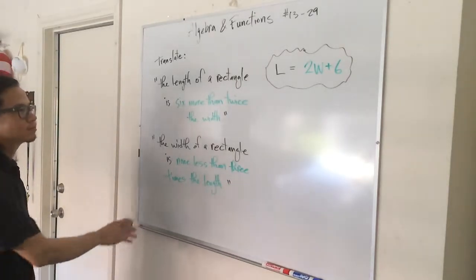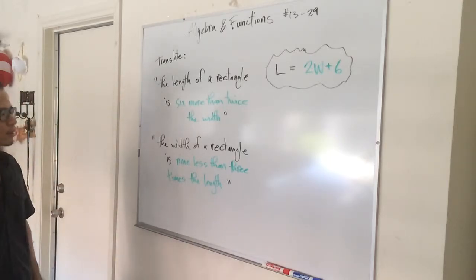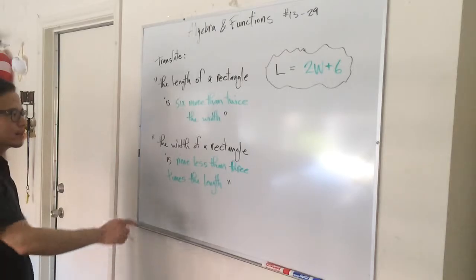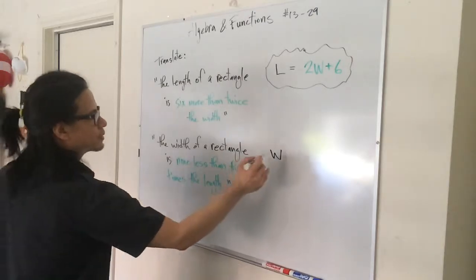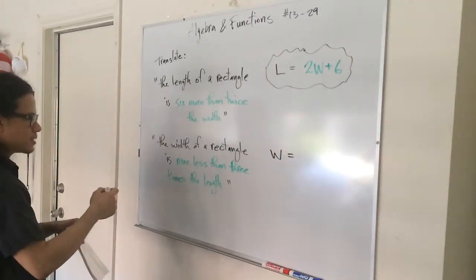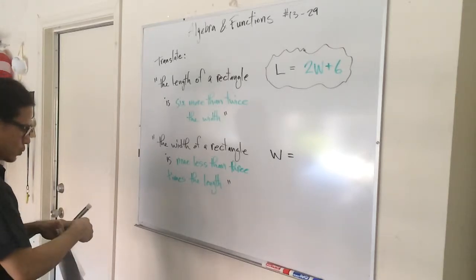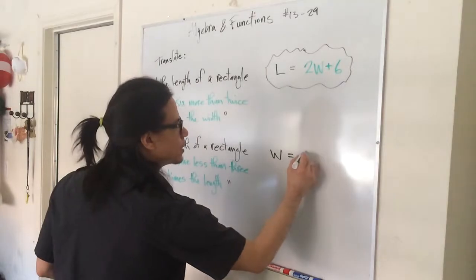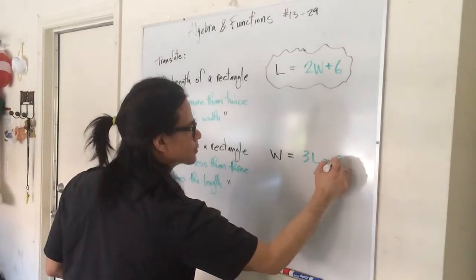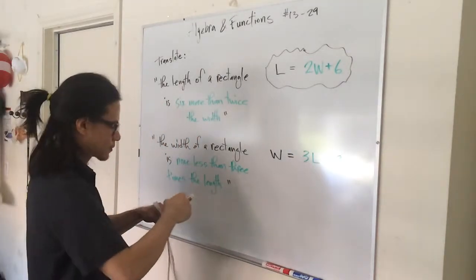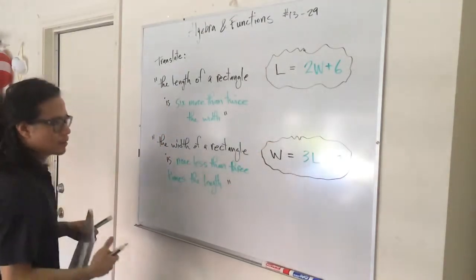Okay. So push pause, give it a try. The width of a rectangle is 9 less than 3 times the length. So 3 times the length, 9 less than that. Okay. There you go.